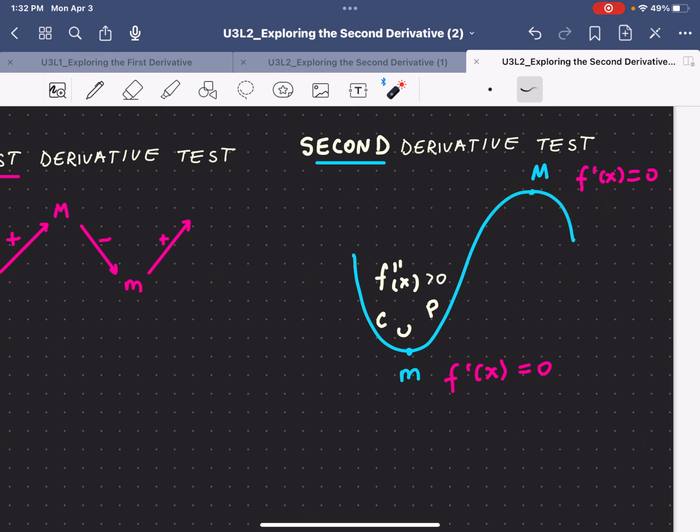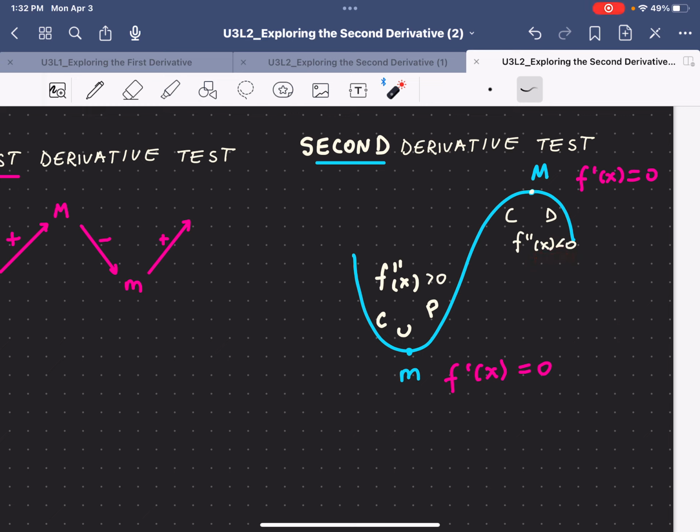So as you can see here, the shape of the graph will be concave down. In a concave down shape, the second derivative will be negative. So what that means is that at this critical point, at this x value where the first derivative is 0, the second derivative has to be negative for this point to be a maximum.